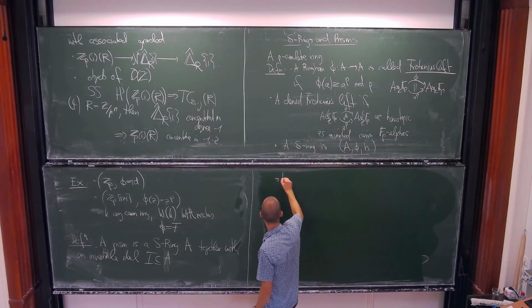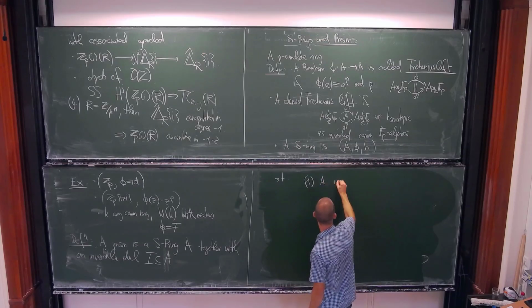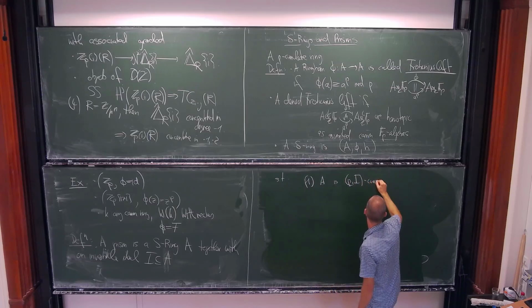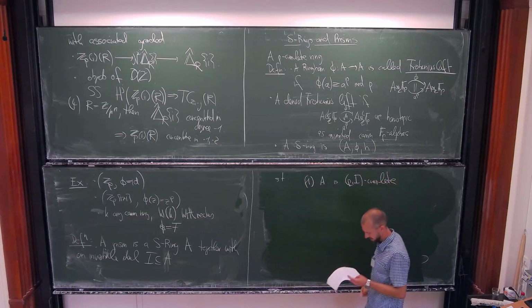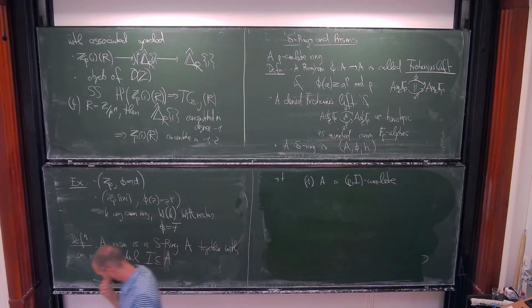The first condition is a rather technical condition that A is (p, I)-complete. Is it derived (p, I)-complete or classically (p, I)-complete? Classically implies derived, so if we're classically (p, I)-complete, we're fine.